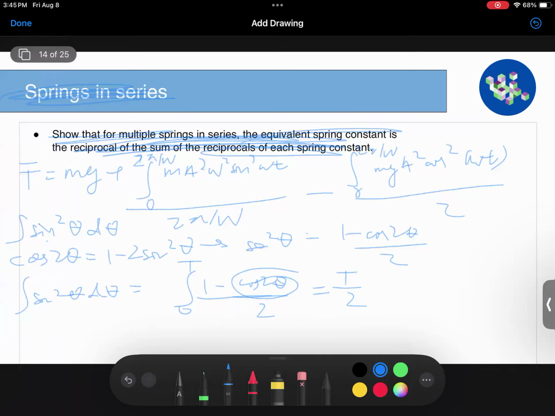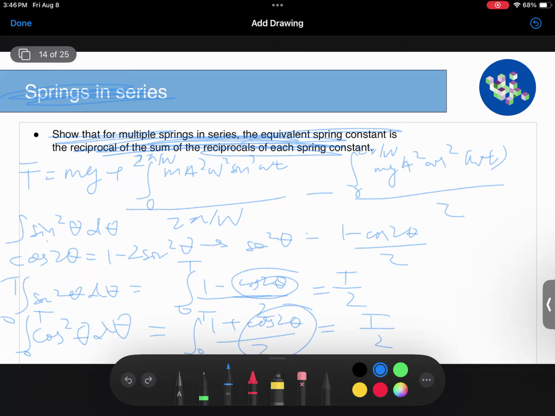If you do the same thing for the integral of cosine squared theta d theta, that equals 1 plus cosine 2 theta over 2, integrated from 0 to T. All the boundaries are from 0 to T. Then this would also equal T over 2, because once you integrate this component and take the boundaries, it will just go to 0. The only part that matters is this 1/2 over here.